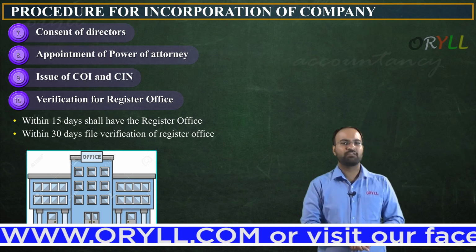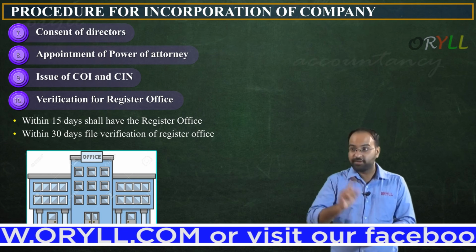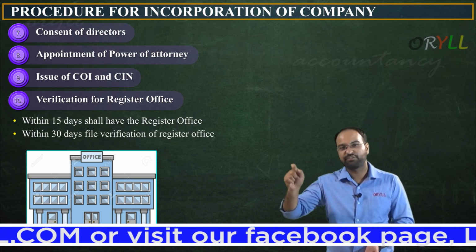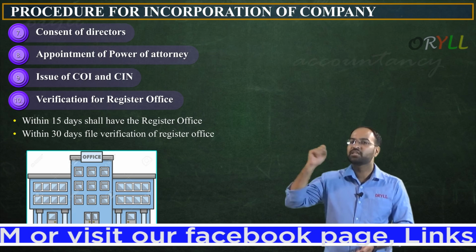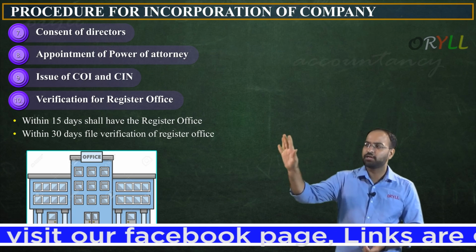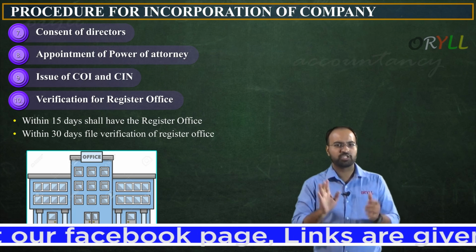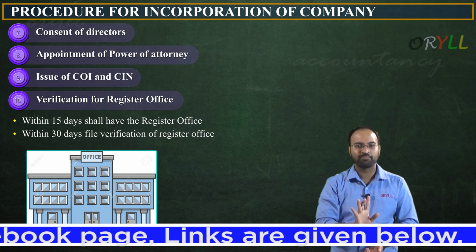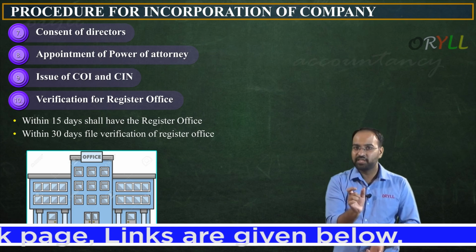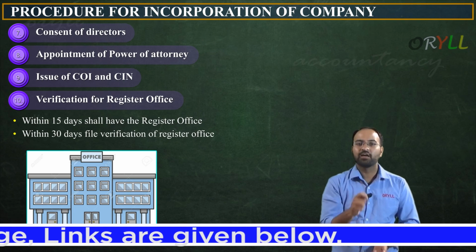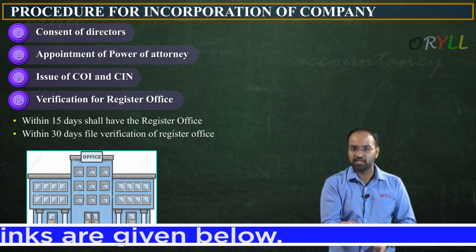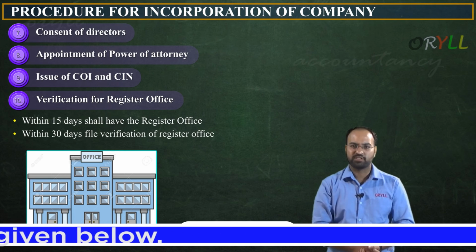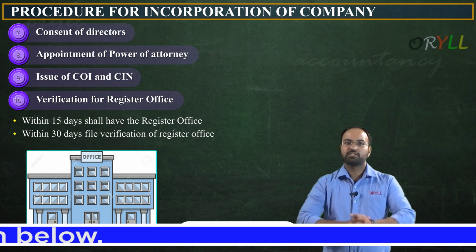But we have to inform the ROC also. So within 30 days you have to file one verification of registered office with the ROC saying that now we have the registered office also. So within 15 days first you should have the registered office, counting from the date of incorporation, and within 30 days you have to file with the ROC the verification of registered office. So this was the tenth step.